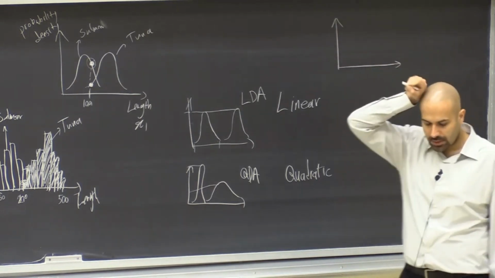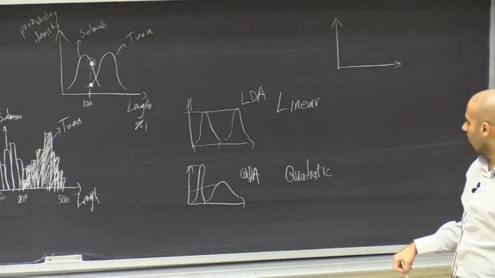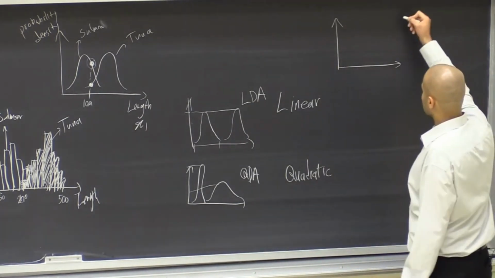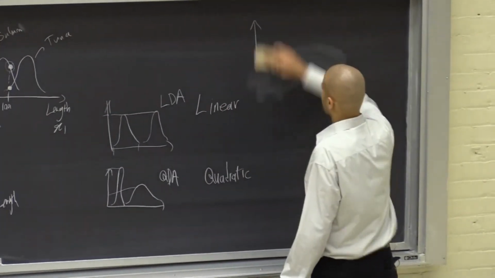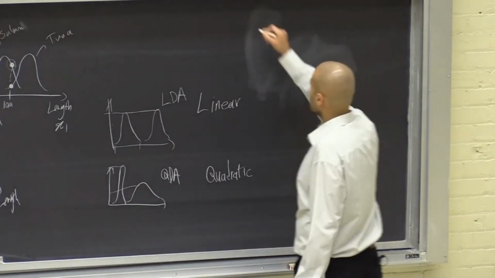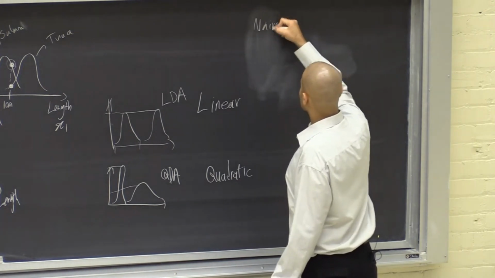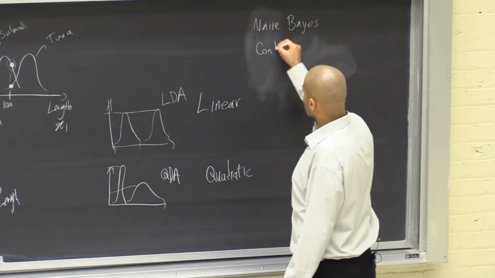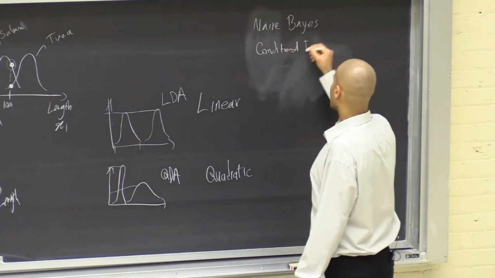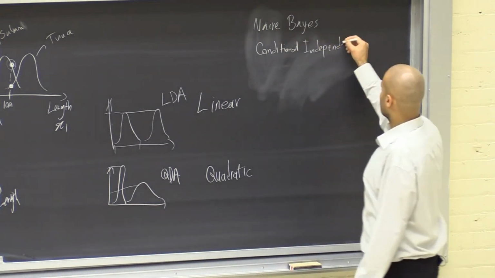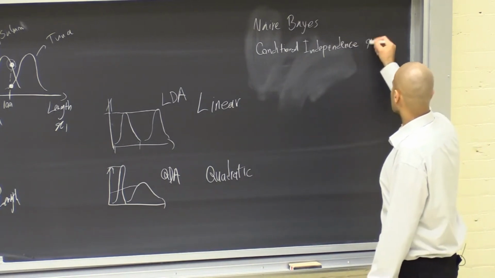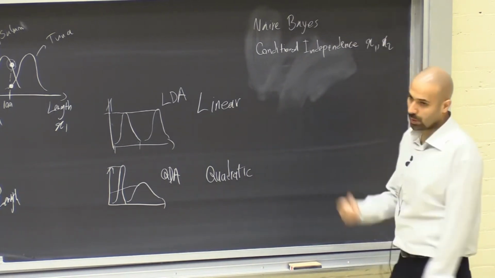With naïve Bayes, actually I cannot really visualize it. What we're doing is we're assuming conditional independence between variables, for example, between x1 and x2, which is quite a strong assumption.